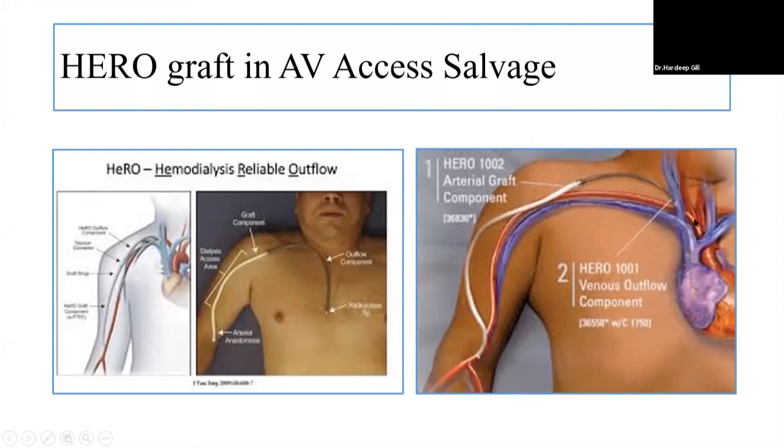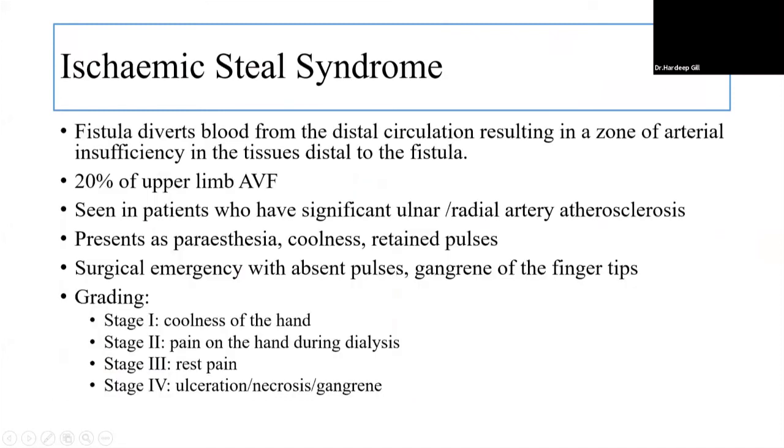However, the prerequisite is that the SVC has to be patent, otherwise you will not be able to use this. And it has a detachable segment that is connected to a prosthetic graft, and the graft is anastomosed to the artery. So all this is tunneled, and this is tunneled as well. However, we don't have this in our setup.